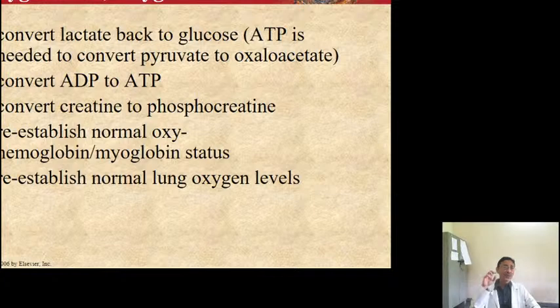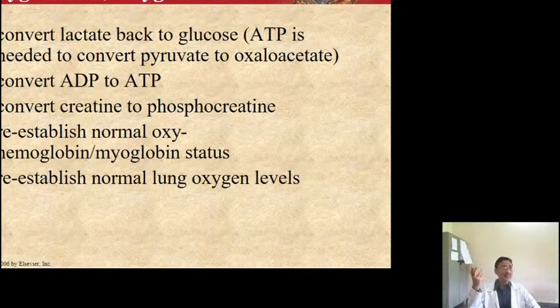So the oxygen which has been utilized during the exercise has to be given back to the body once the exercise is over, and that is called the oxygen debt. So oxygen debt is the amount of oxygen which has to be taken up by the body after the activity is over, to restore it to its original status.